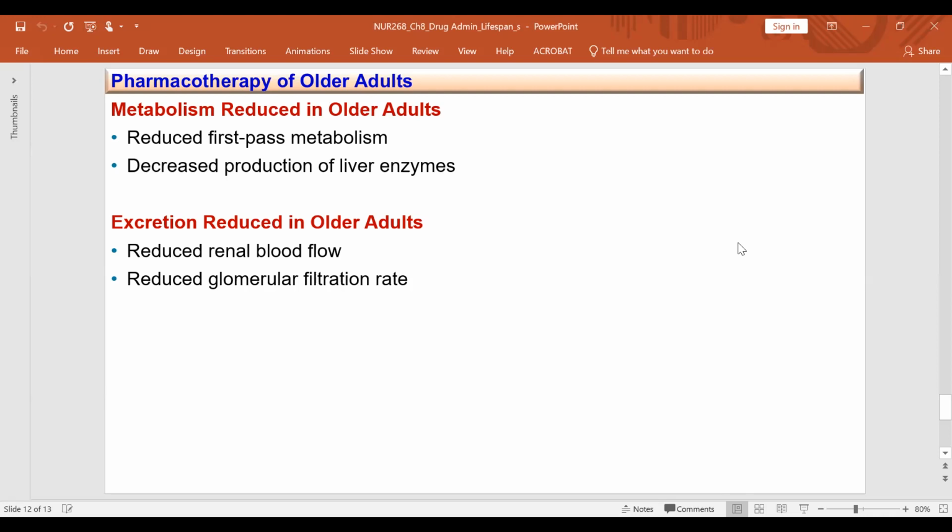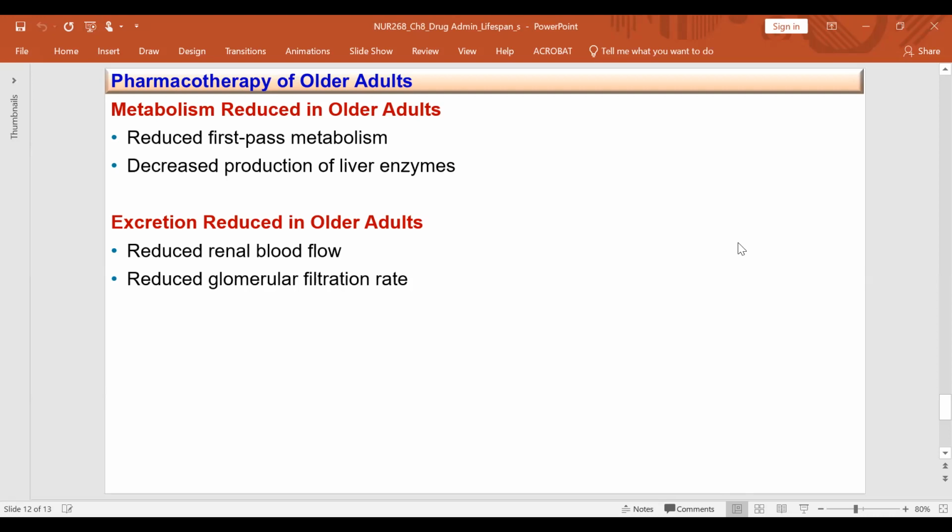Healthcare providers should avoid prescribing these medications to older adults because these drugs have been found to produce a high incidence of adverse effects in this older adult population. And you will find the updated list in the book called Beers criteria, BEERS.